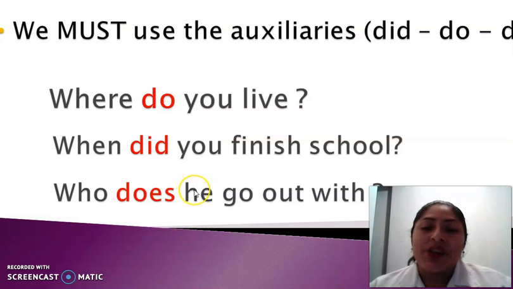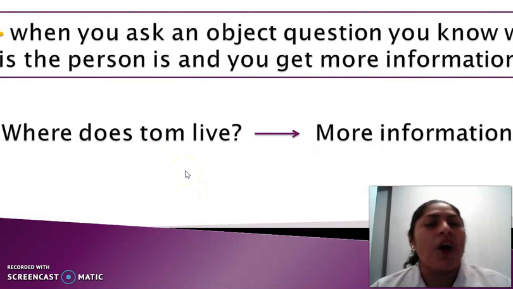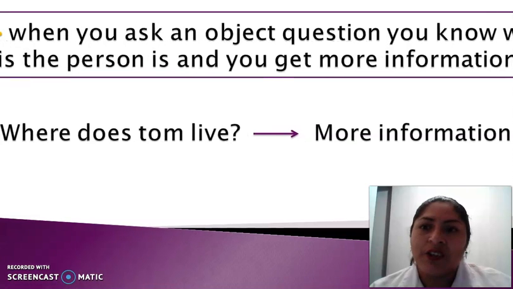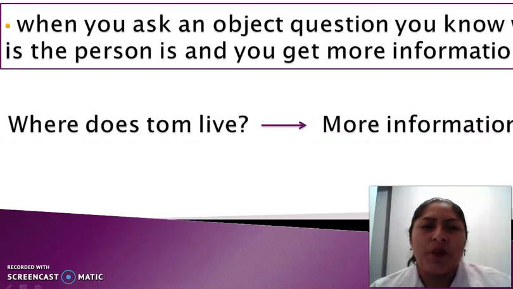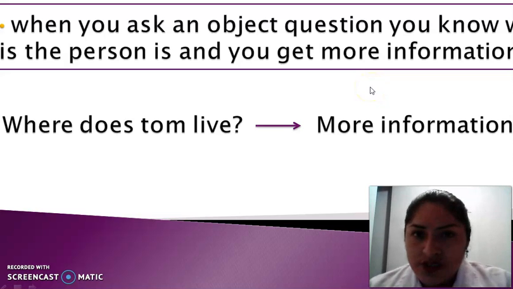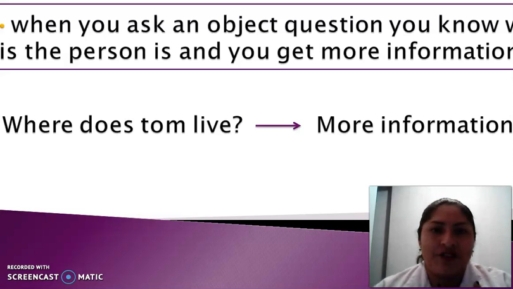Okay? So now we continue. When you ask an object question, you know who the person is, and you get more information. Okay? So this is very important because you are going to ask questions, but what do you need? What do you have?